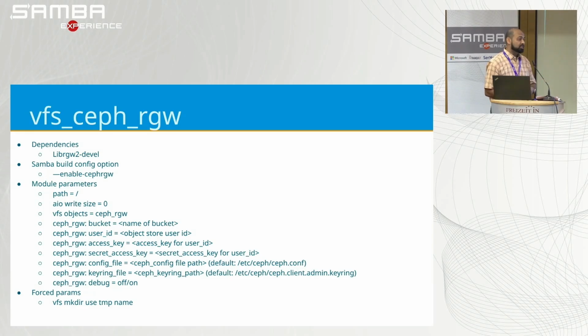For the same reason which I described in the earlier slide, RGW does not like us to rename directories. By default this parameter is on, and Samba uses temporary directory names to create a directory, and then it actually renames it to the directory name that you use. So this particular parameter, when set to no, makes sure that Samba does not use a temporary name so that we don't have to come across directory renames.